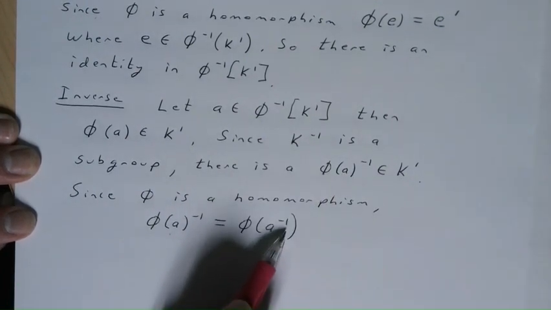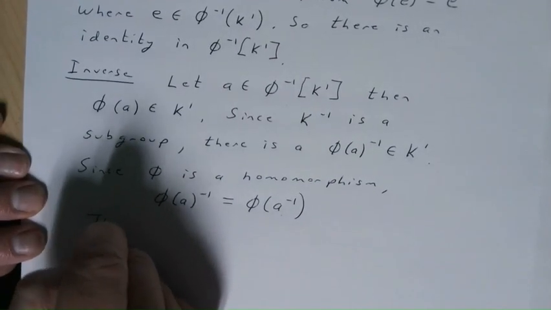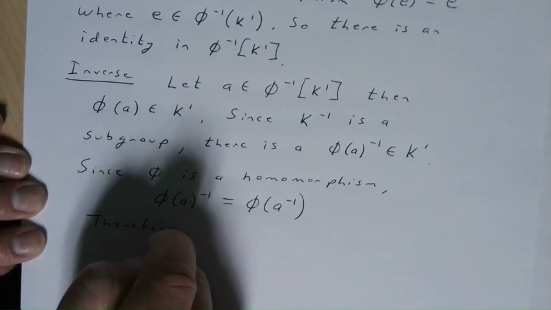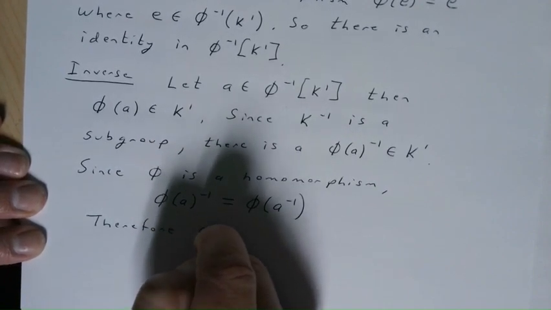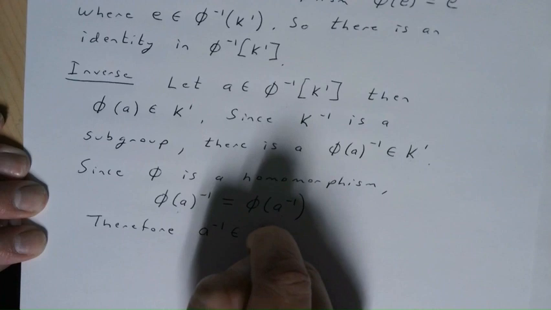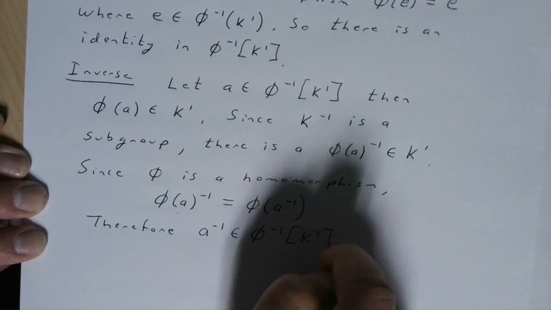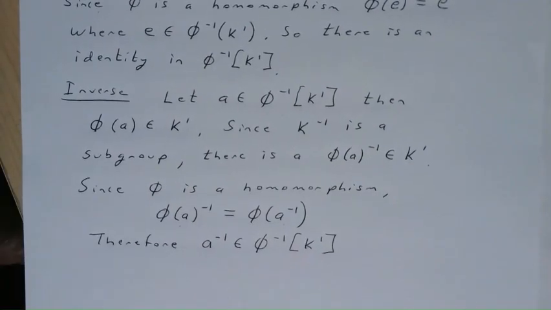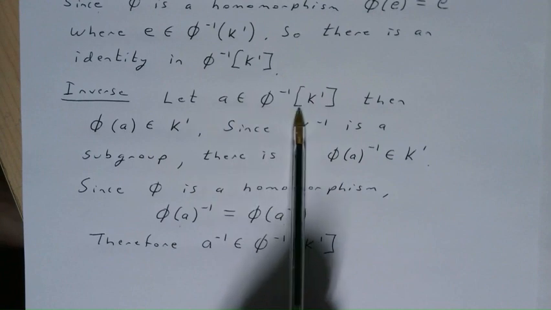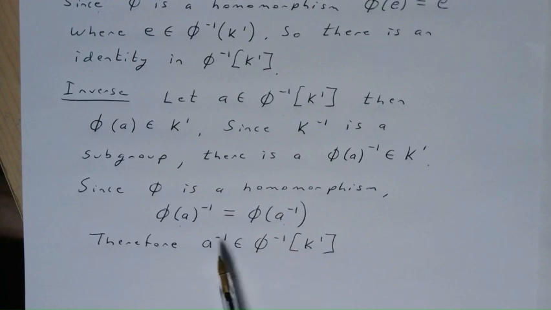So then by definition, A inverse has to be in phi inverse K prime, like this. So once again, we took a typical element in phi inverse K prime and showed that the inverse of that is also in phi inverse K prime. So it does have an inverse.